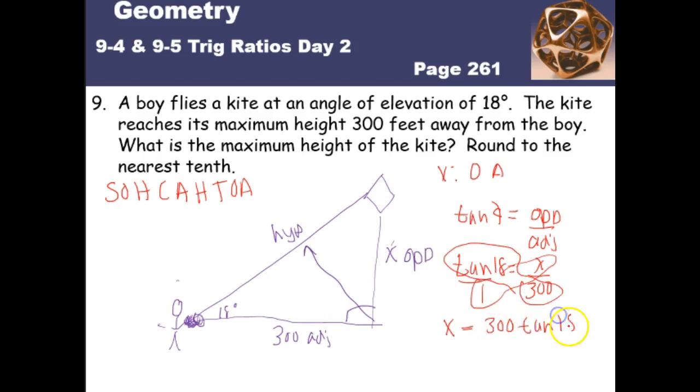This time x is by itself, so I just go ahead and multiply. So it's 300 times the tangent of 18, and I get 97.5.